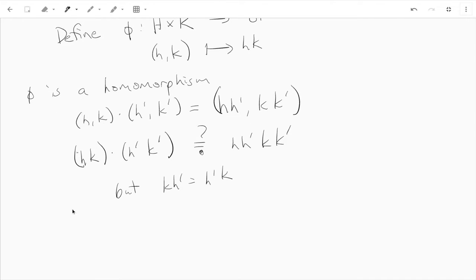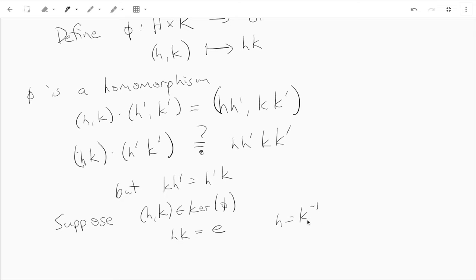What is the kernel of phi? Phi just takes an ordered pair h with k and multiplies them together. Suppose (h, k) is in the kernel of phi. That would mean that h times k is the identity. Now you can see that h is k inverse.